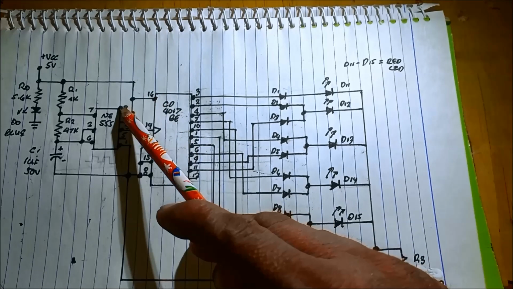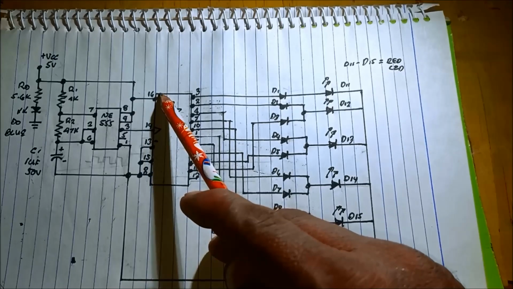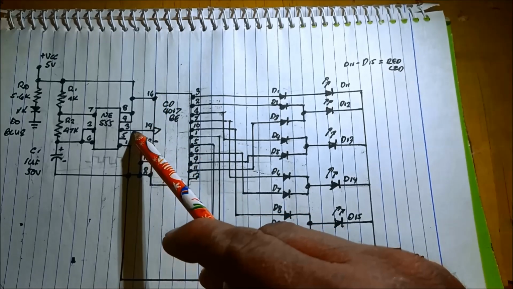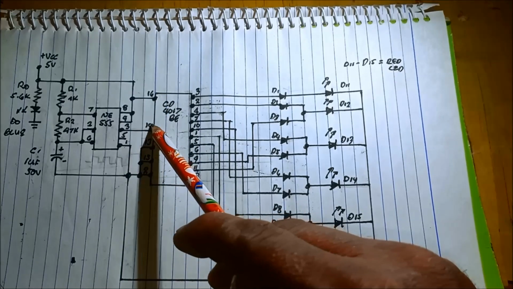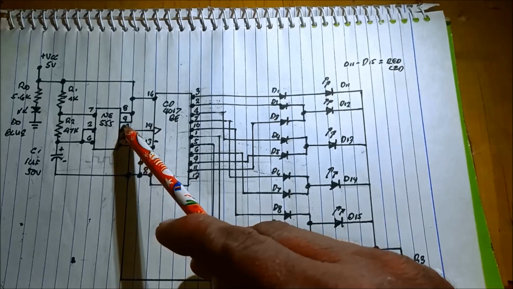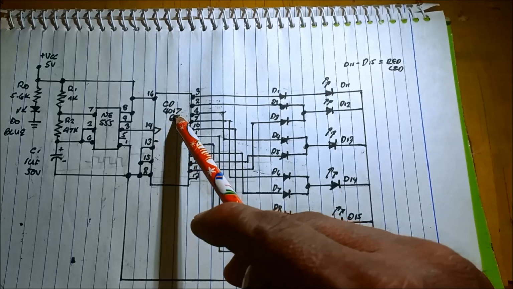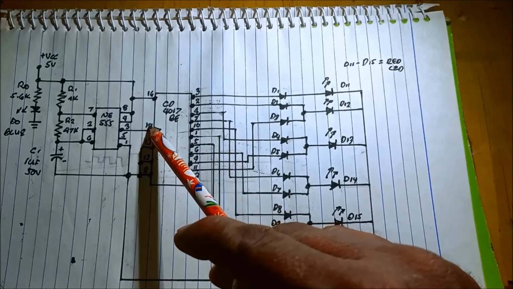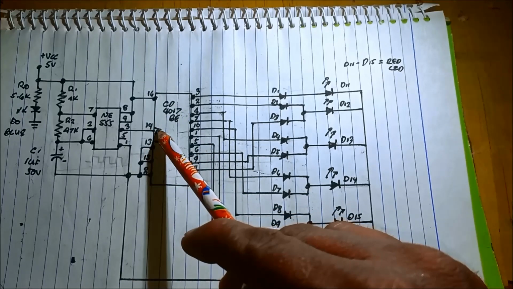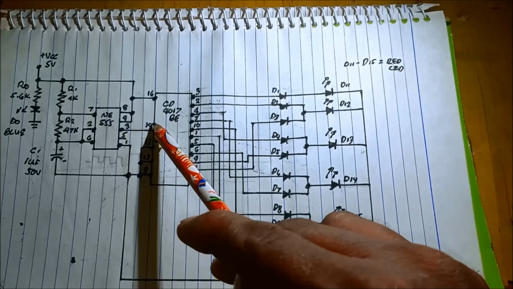Pin number 16 is the supply. Pin number 14 is the input. Pin number 3 of the 555 is the output going to the input of this 4017 IC. So pin number 14 is the input, injecting a pulse to pin number 14.